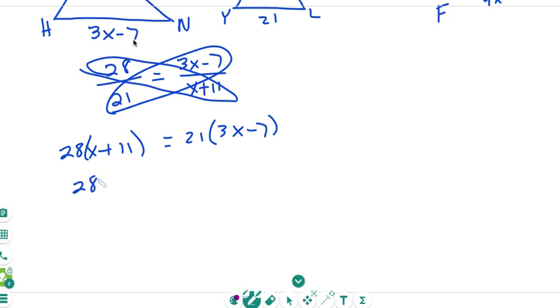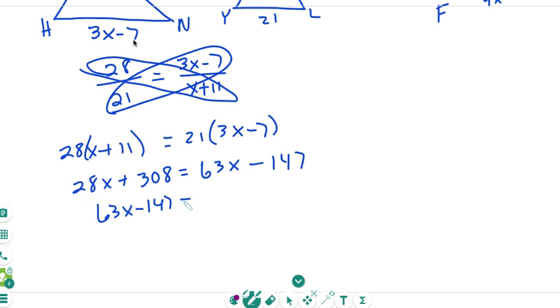I'm going to have 28x plus 11 times 28, which is 308, is equal to 63x minus 21 times 7, which is 147. Do symmetrical: 63x minus 147 is equal to 28x plus 308.